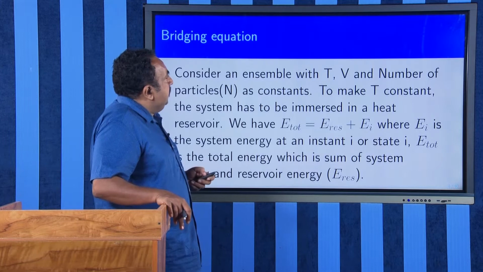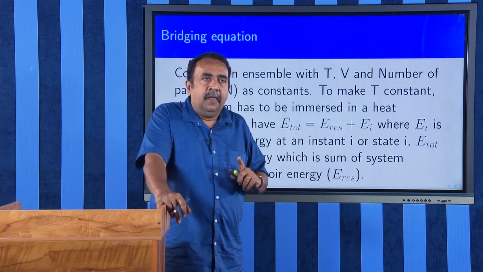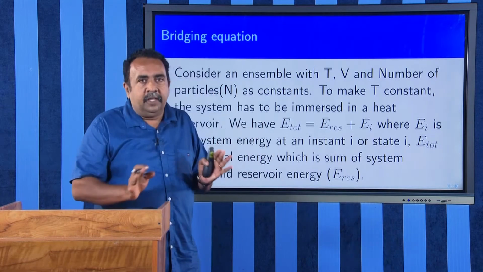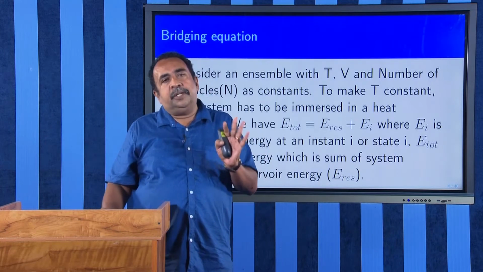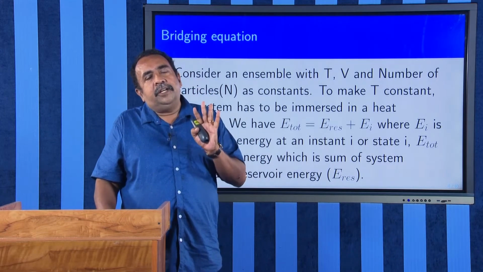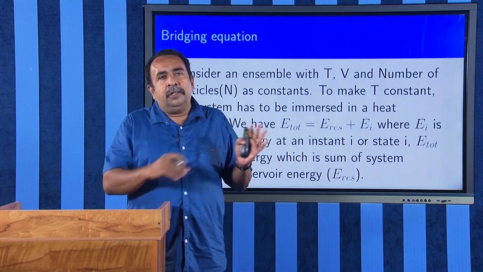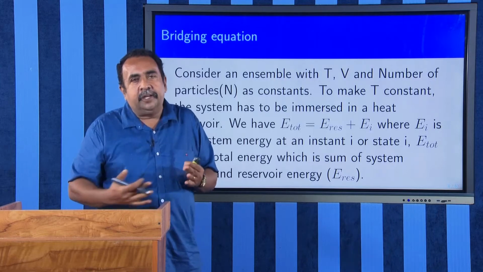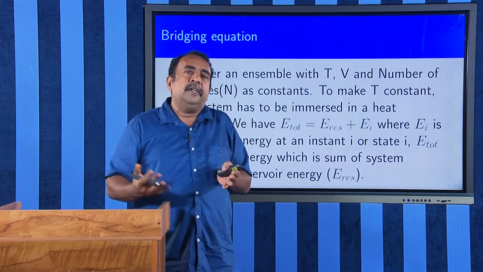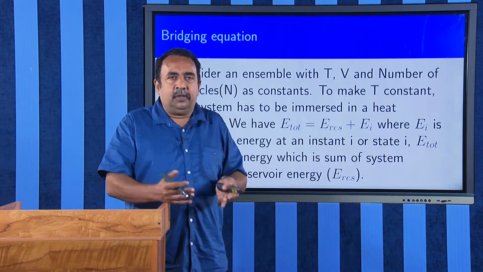Therefore, in this canonical ensemble, similar to the microcanonical ensemble, what we are doing is we are living in the macro world, and we want to find the thermodynamic properties like pressure, energy, entropy, chemical potential, etc. And all these things have to be found from the movement of particles, photons, molecules, atoms, etc., which live in the micro world.